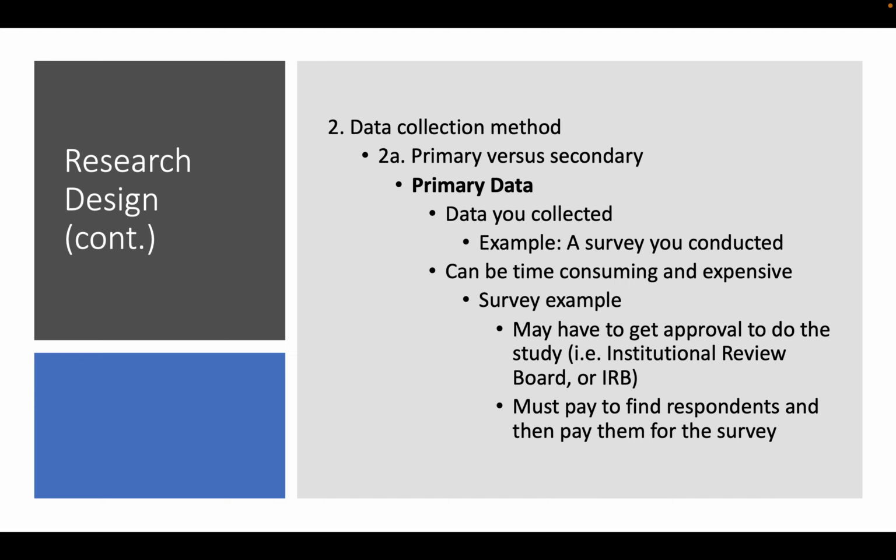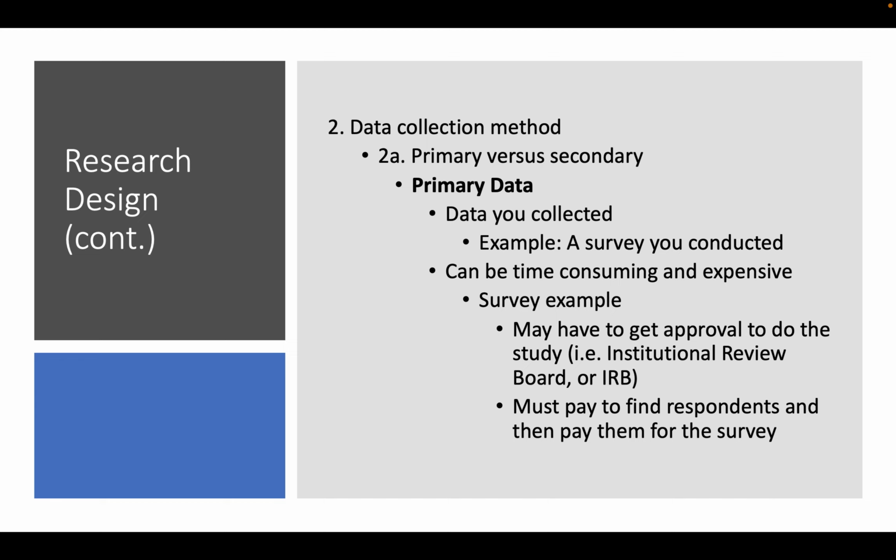It can run into the thousands of dollars. The National Election Study, run by the NSF and Stanford University, runs in the hundreds of thousands of dollars. So it can be a really time-consuming and expensive enterprise.